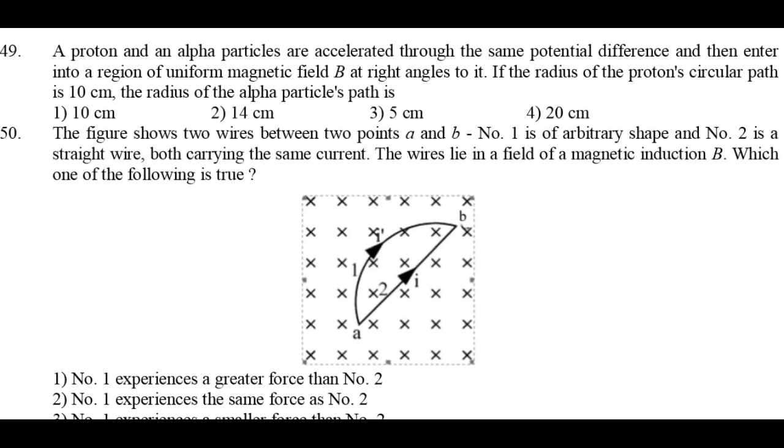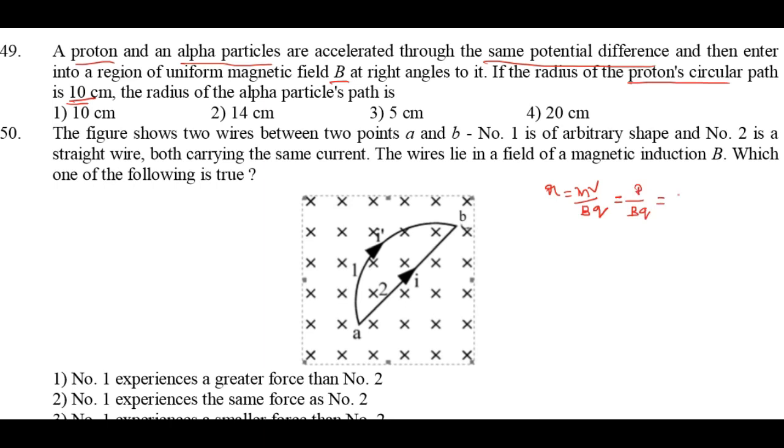A proton and an alpha particle are accelerated through the same potential difference, then enter a region of uniform magnetic field B at right angles to it. The radius of the proton's circular path is 10 centimeters, then the radius of the alpha particle's path is? Now we know that r is equal to mv by Bq, that is equal to p by Bq.